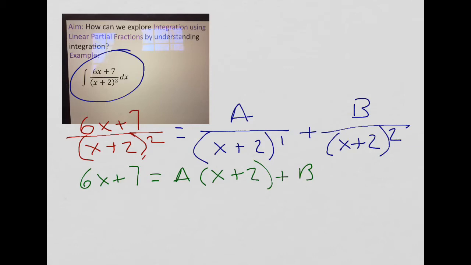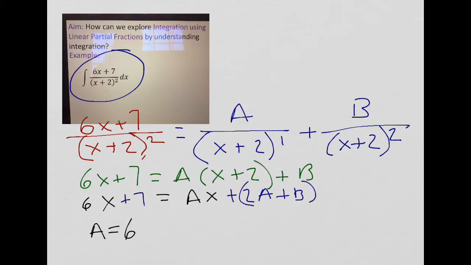Okay, so now I have this equation set, and I think matching coefficients would be the fastest way about this because we get Ax on this side, so A has to be 6. And that means that 2A plus B, which is my constants, has got to be equal to 7.